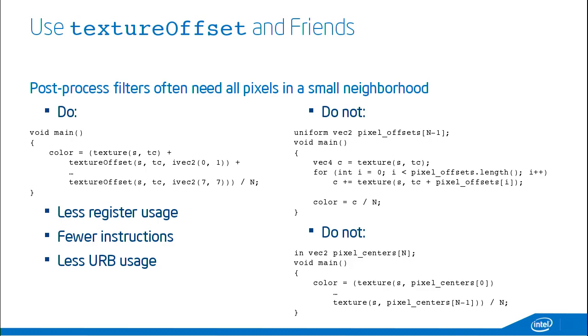Do not do either of the techniques on the right, where you pass in a set of offsets as uniforms that happen to be the texel coordinate delta to be off by a pixel, or pass in absolute centers as shader inputs of different coordinates. Both of these will generate piles of instructions that you don't want and will make your code go slower.